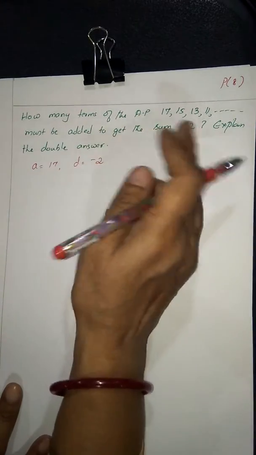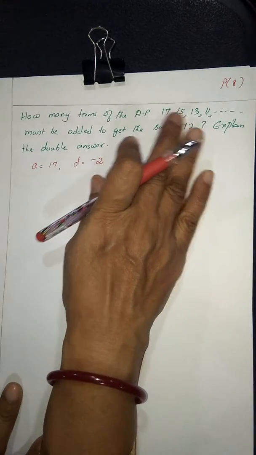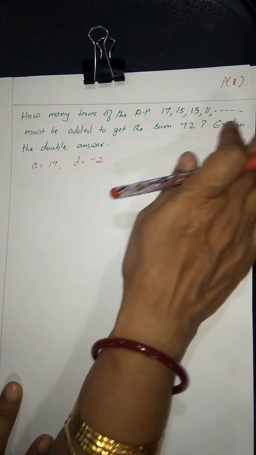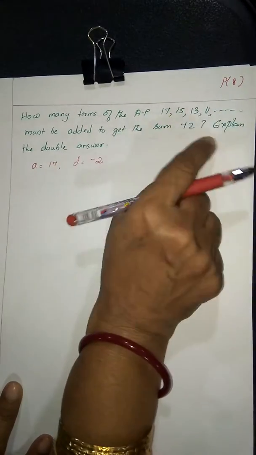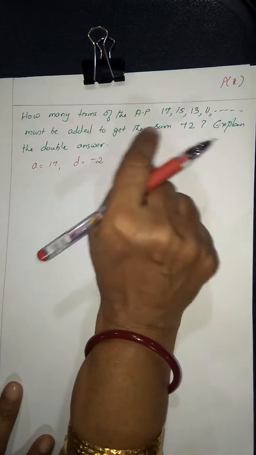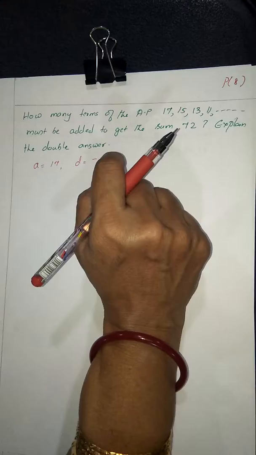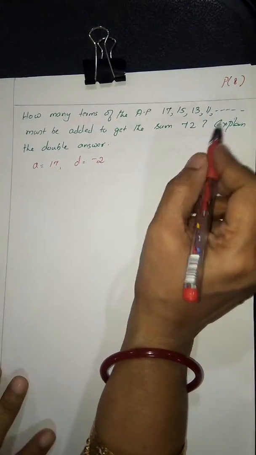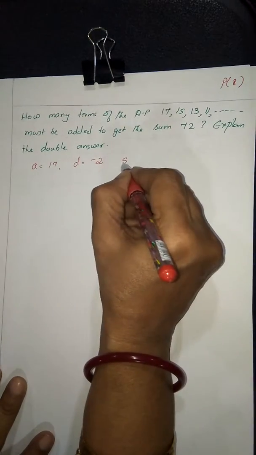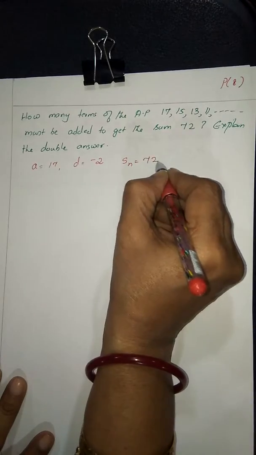These double answers generally occur when the series is going to the negative side. Then only this type of double value of n, you get two values. And Sn is equal to 72.